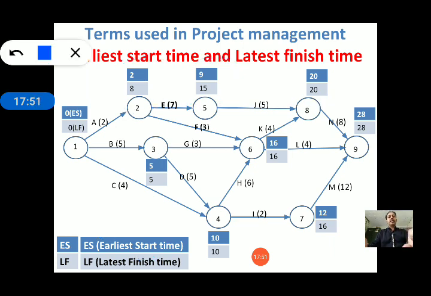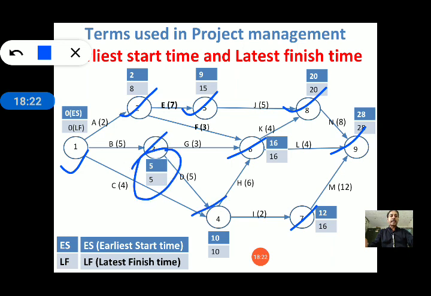Please keep in mind, the first square represents the earliest start time, and the lower box represents the latest finish time. For all the nodes or events 1, 2, 3, every event has an earliest start time and a latest finish time.